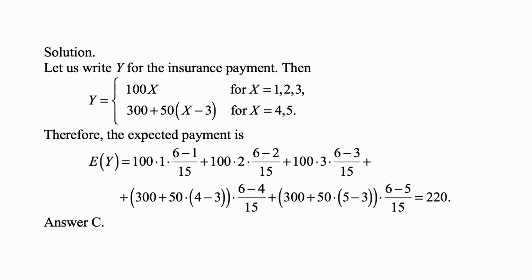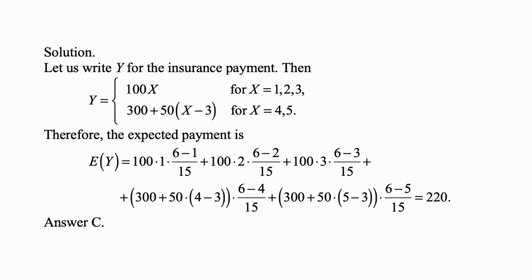And here's the solution. Let us write y for the insurance payment. Then y is equal to 100 times x for x equal to 1, 2, or 3. And then 300 plus 50 times (x minus 3) for x equal to 4 or 5. And the expected payment is E of y, which is 100 times 1 times (6 minus 1) over 15. The payment is 100 times 1 because it's only 1 day at $100.